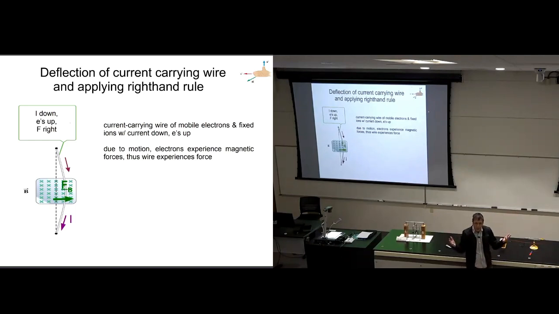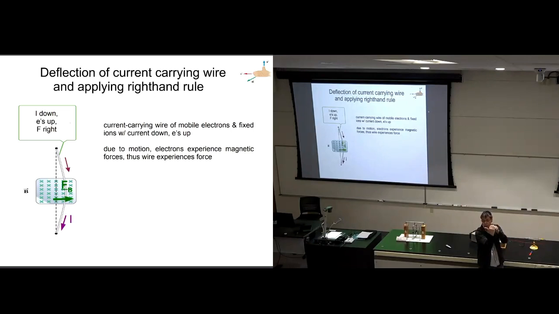If I was perverse, I could think about the electrons. I could have thought about individual electrons moving up the wire. So I could have pointed the palm of my hand in the direction of the velocity of an electron. I could curl my fingers in the direction of the magnetic field. If I do that, the thumb points towards the left.